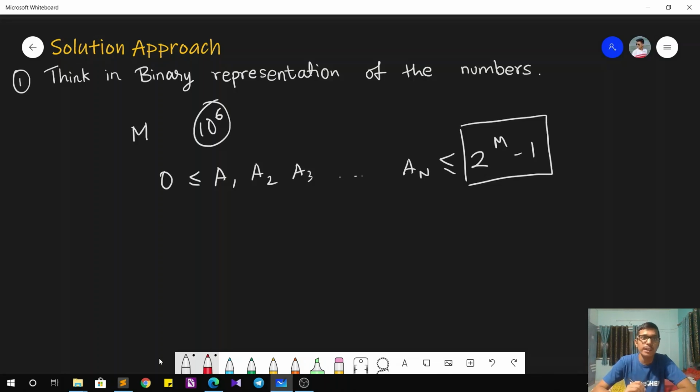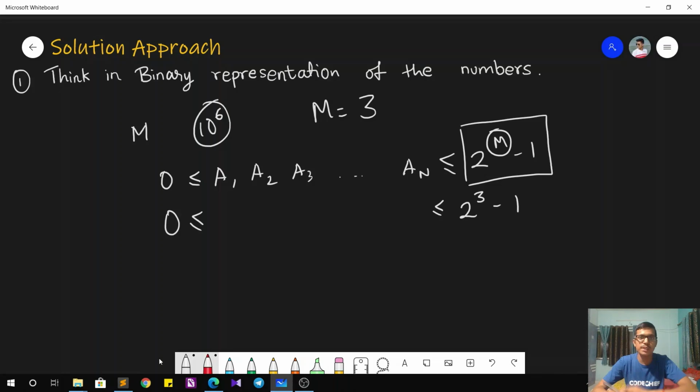Hence, we have to think in terms of binary representation of the numbers. Why? Because if the value of m is given to us, then we can say how many bits are going to be present in our number. For example, if the value of m is 3, all the numbers will lie between 0 and 2 to the power 3 minus 1.